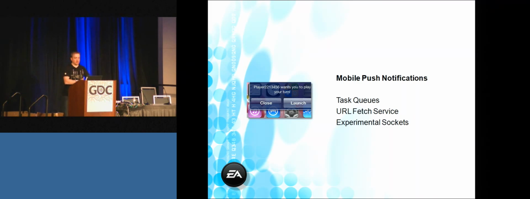Next feature, mobile push notifications. Mobile push notifications are a complex beast to integrate in your application, basically because there are a lot of particularities with all the different mobile platforms out there.